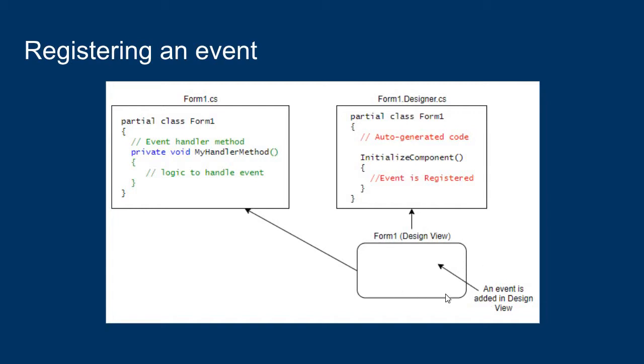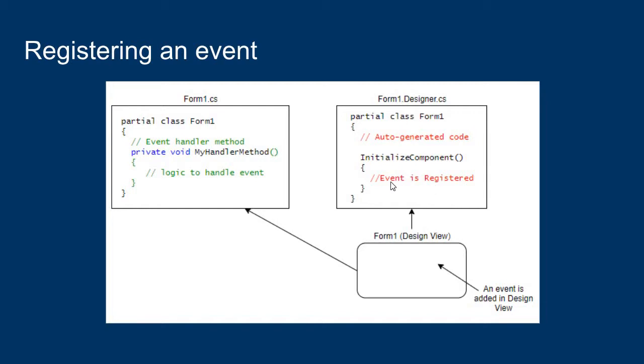Now in Design View, when we set up and register an event, two things happen. The first thing that happens is a method is created in our form1.cs file, and this method is a shell that will eventually contain the logic that we want to run when we handle the event. The second thing that happens is the event itself is registered in the form1.designer.cs file.